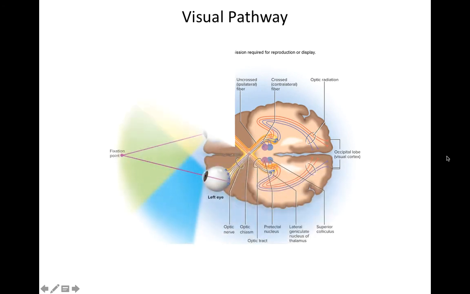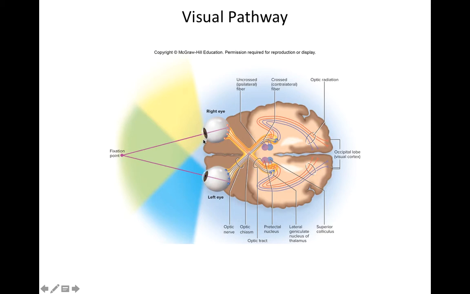Last thing is the visual pathway. So we have a pretty decent visual field here. It's not quite panoramic, but decent, okay? And when we look at how the visual fields of each eye work, the right eye is the yellow.